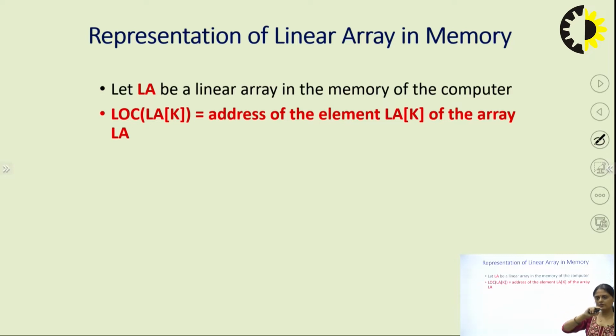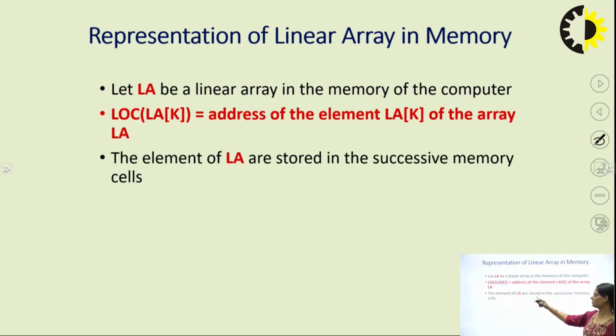If we have an array of n elements and we want to know the address of any particular element, then there is a formula for that. So, LOC means the address of the array LA at kth position is equal to the address of the element LA of k.